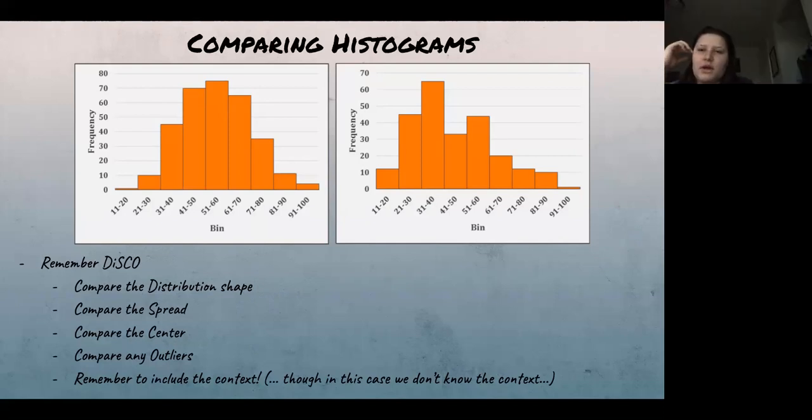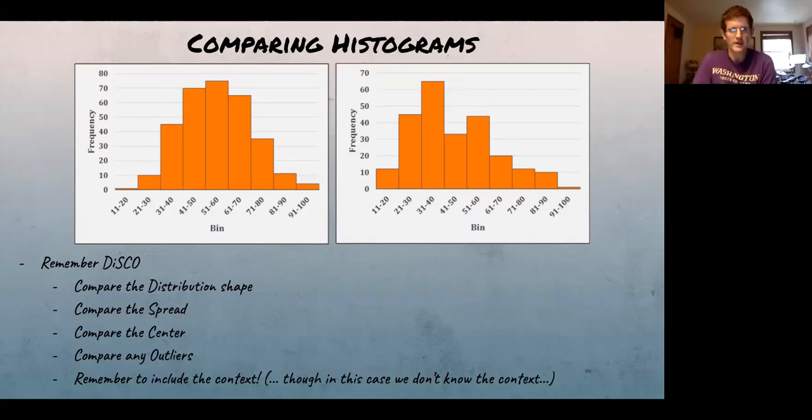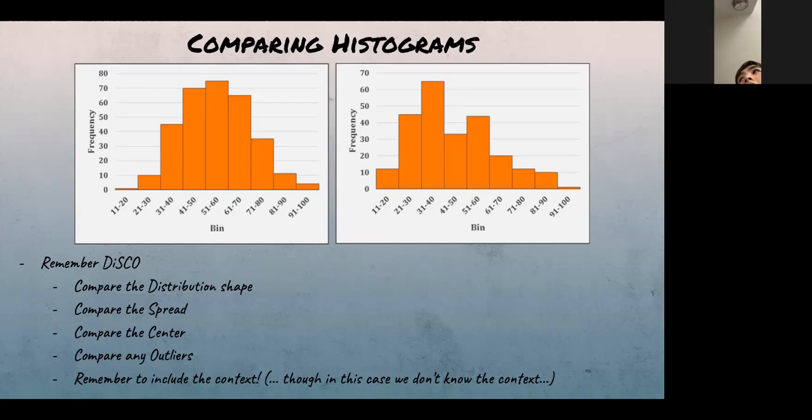The first one has one singular hump, but the second one is more sporadic. Okay, I can follow that. Can we put that in some of the terms we learned yesterday? The first one has one center of distribution.